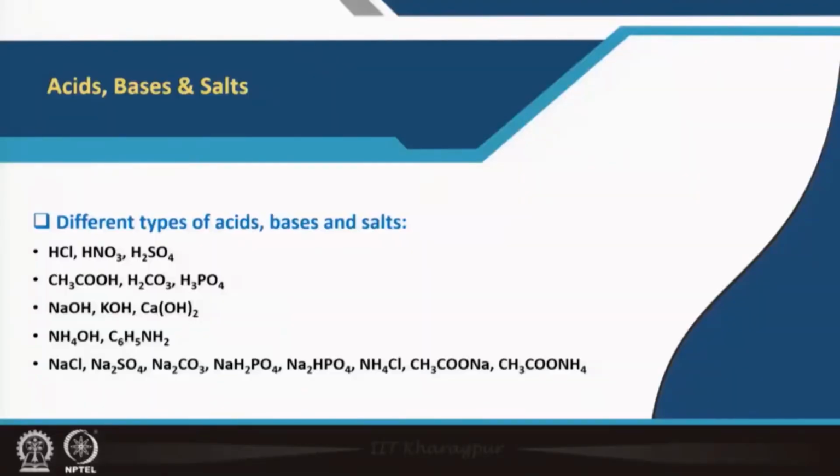We all know that there are different types of acids, bases and salts. Some of the acids shown here are HCl, HNO3, H2SO4, acetic acid, carbonic acid, phosphoric acid.